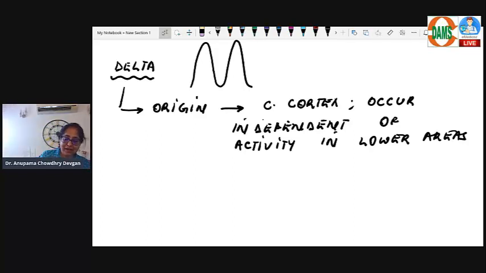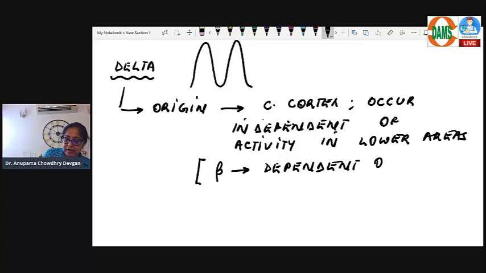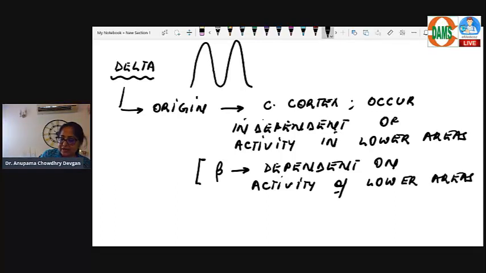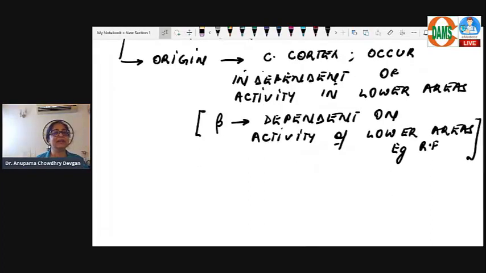So remember, the beta rhythm is dependent on activity of the lower areas, for example, the reticular formation.